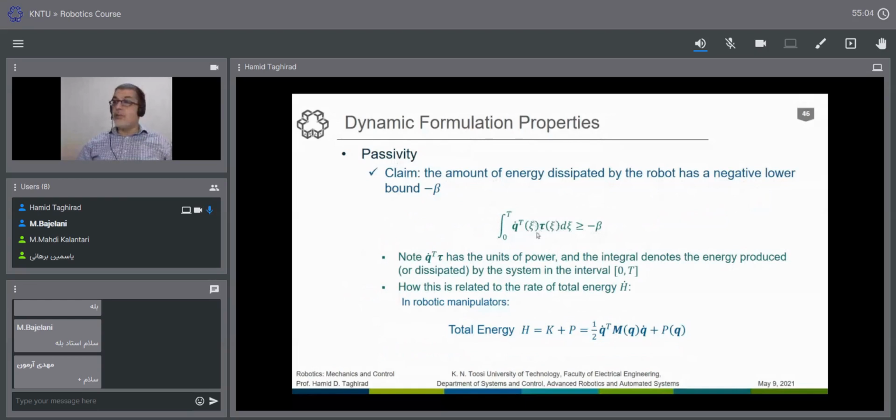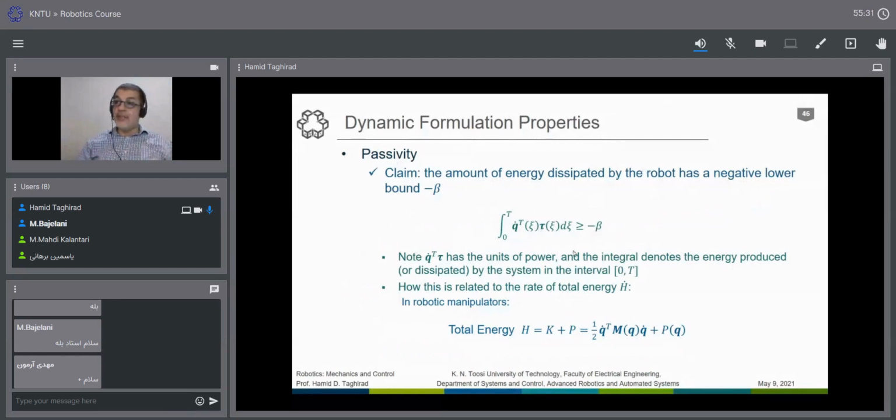But why does this come to energy dissipation? q̇ and τ, where τ is like the torque that is applied to the system. When we multiply the torque by angular velocity, we get the power of the system. This has a physical meaning, the power of the system.